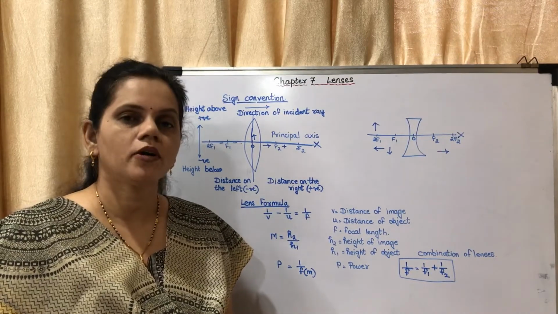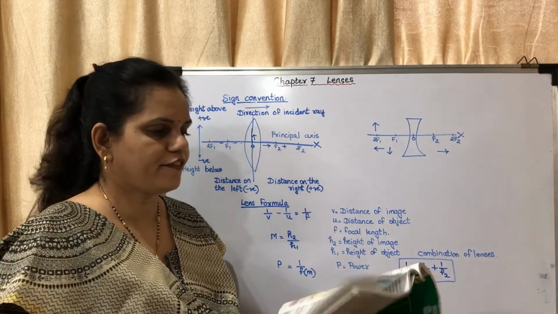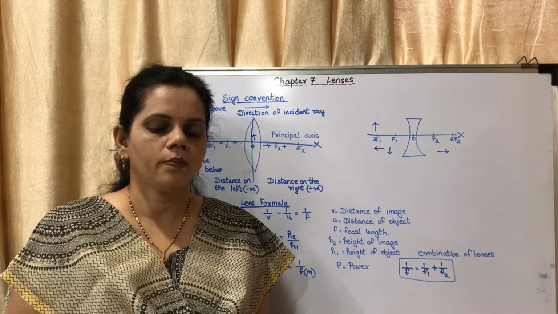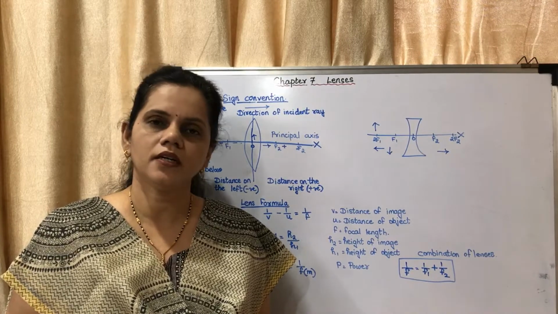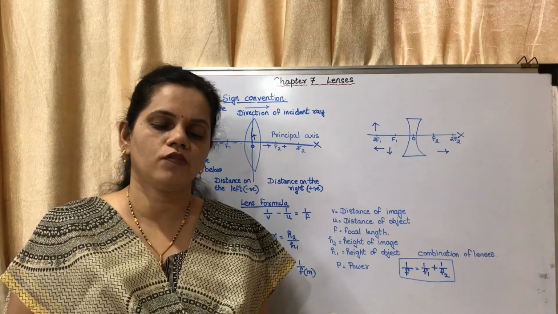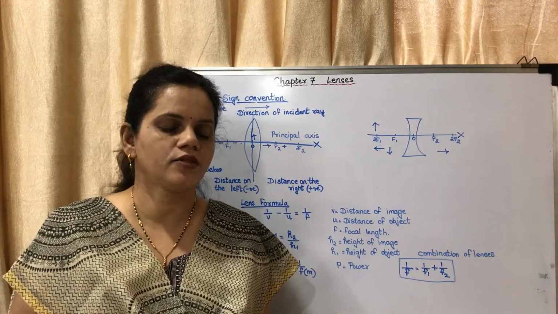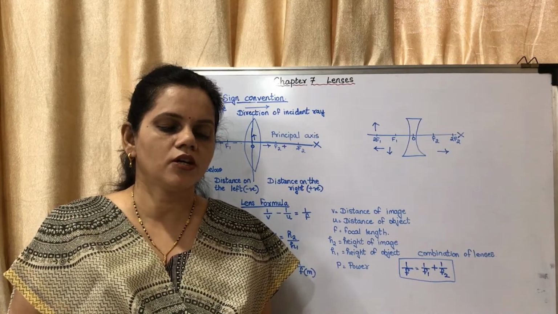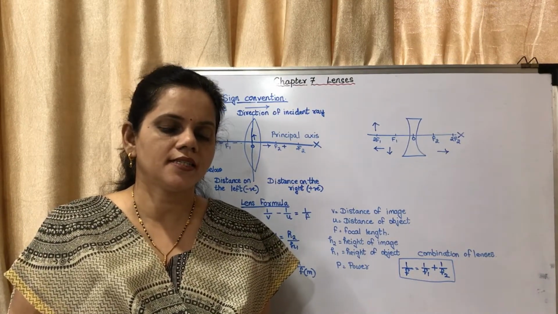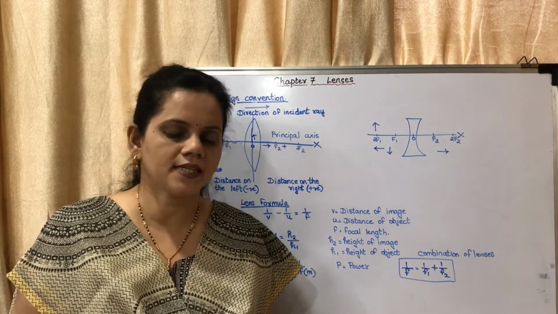Now we will see the points which have been given in the box on page number 85. According to the Cartesian sign convention, the optical center is taken to be the origin. The principal axis is the x-axis of the frame of reference. The sign convention is as follows. The object is always placed towards the left of the lens. All distances parallel to the principal axis are measured from the optical center.